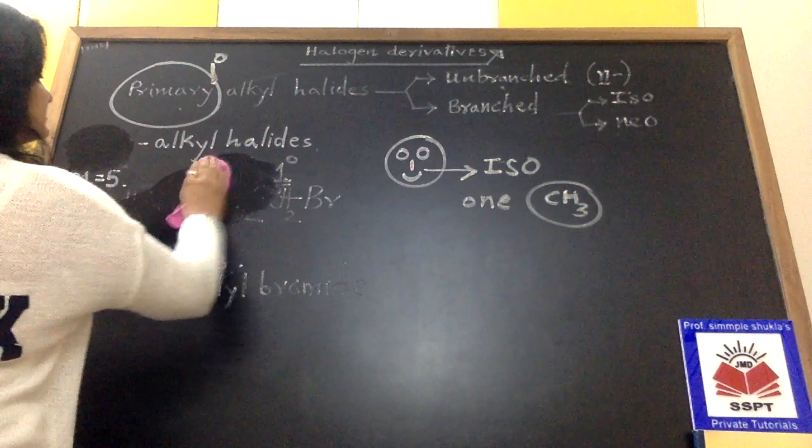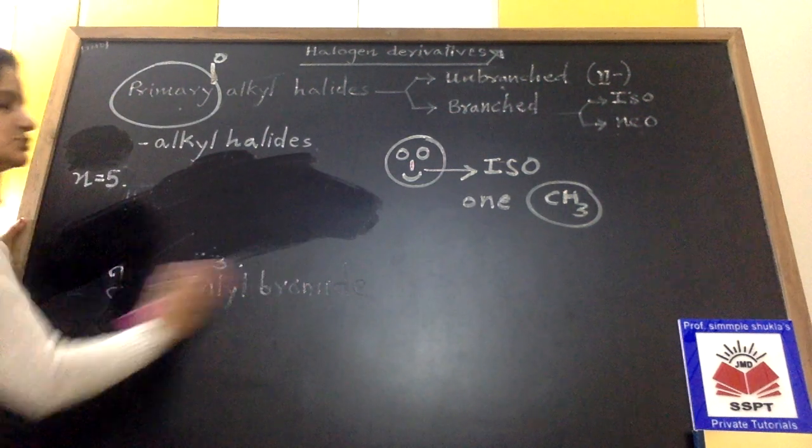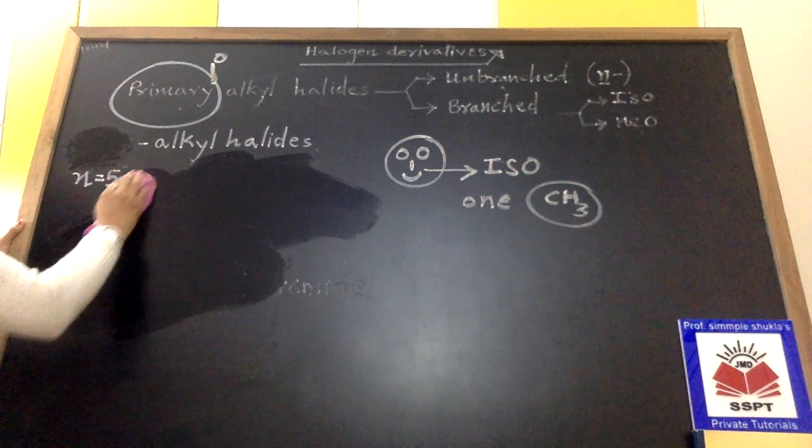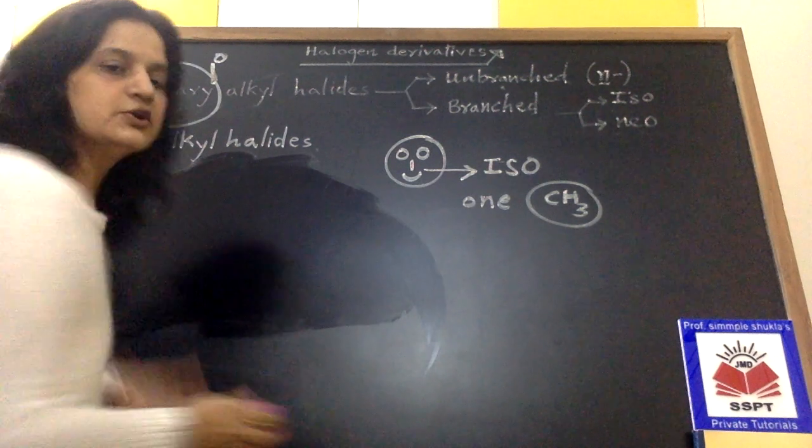So let us see the rule. Neo means two umbrella branches on the second last carbon from the functional group.